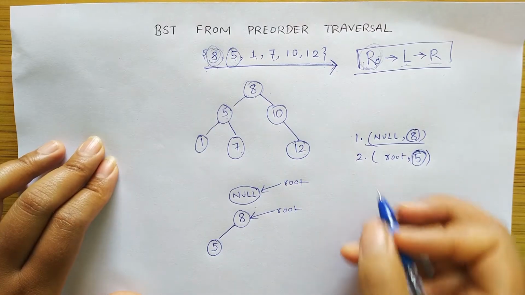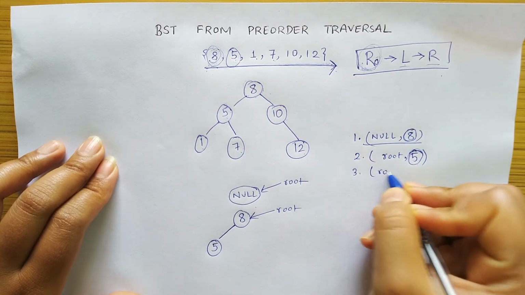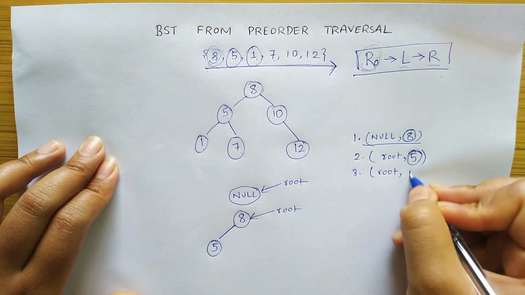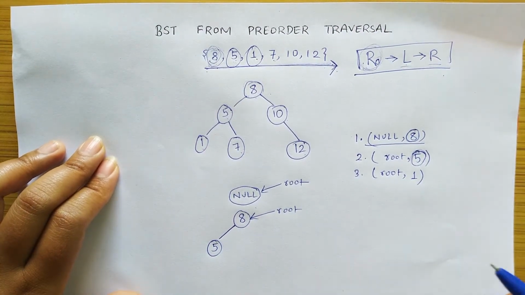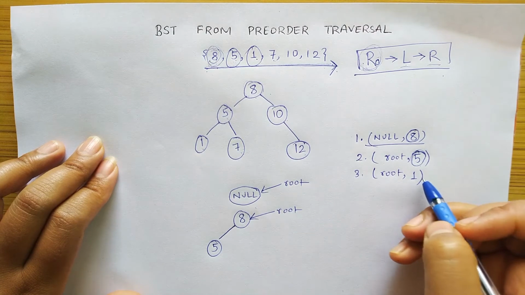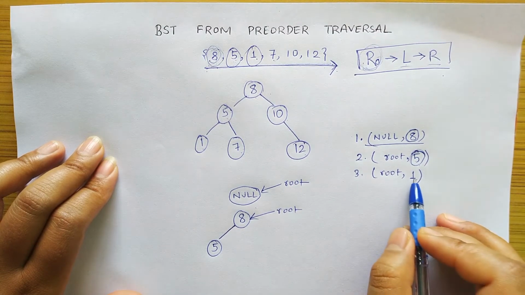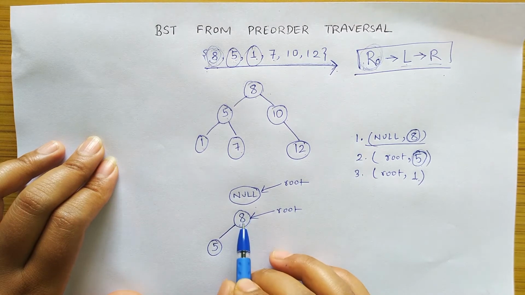Now in our third iteration we will again send our root and the next one, 1. Also, it will return the root after finishing every call. So for 1, the root is not null, so it will check against 8. Since 8 is greater than 1, it will call for the left one.